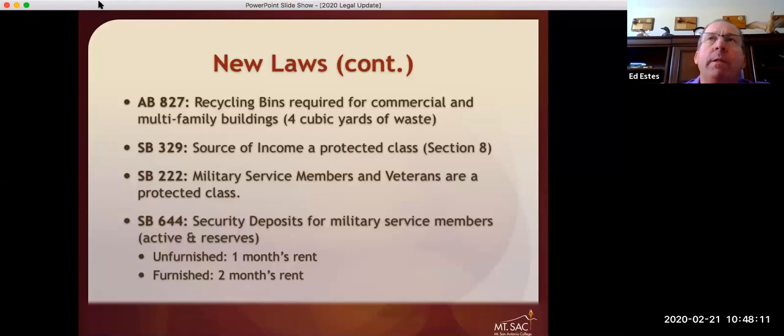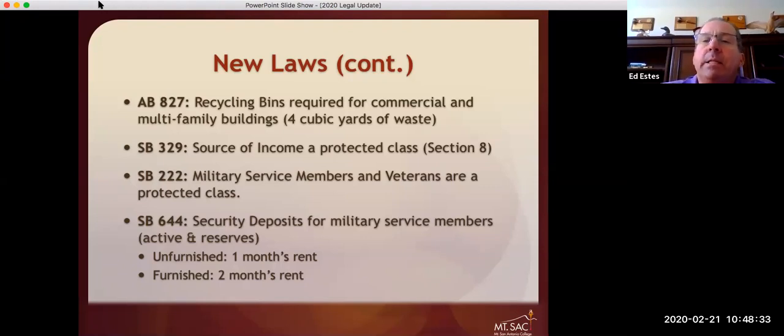I don't know if a landlord could say, I require this particular rental agreement, and if you want to sign this particular rental agreement under Section 8, I will rent to you, knowing that Section 8 will not do that because they have their own rental agreement. I don't know exactly how that's going to play out.